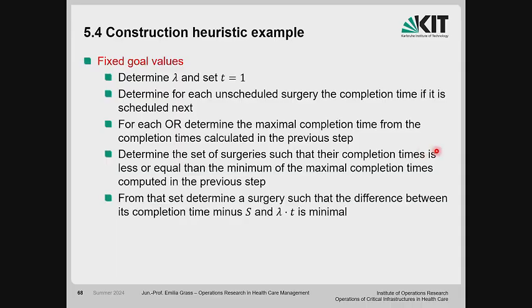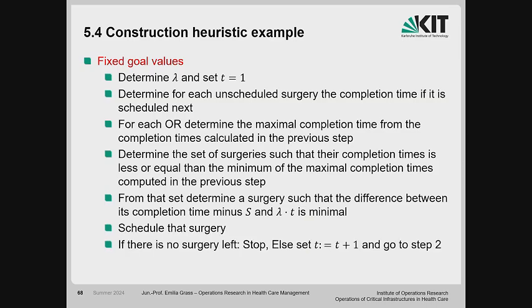Then select the optimal surgery to schedule. So select the surgery that minimizes the difference between completion time and S and the product lambda times t here. Okay, so this ensures that the selected surgery fits into the interval, okay, and we maintain this even distribution, okay.